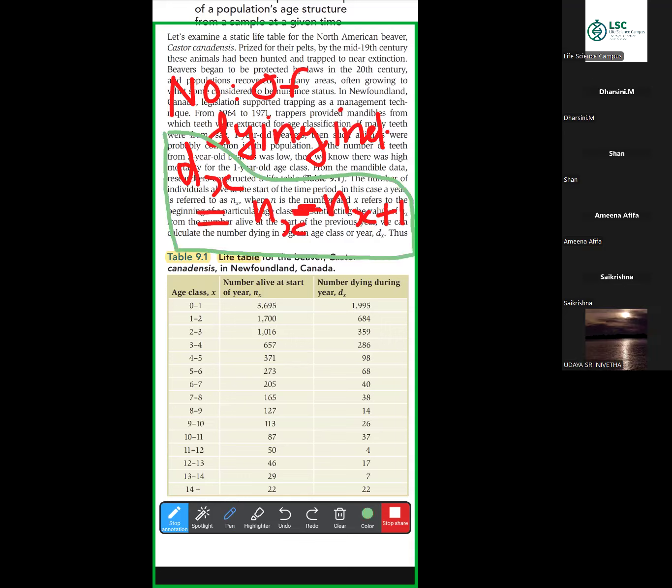This dx means number of dying individuals. dx is given by nx minus nx plus 1.